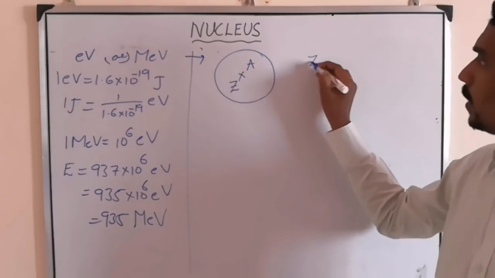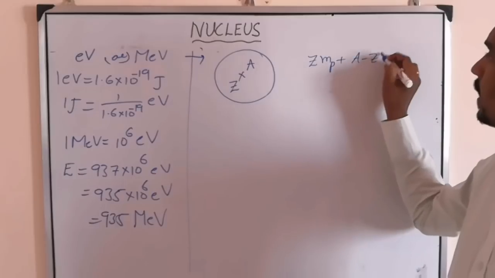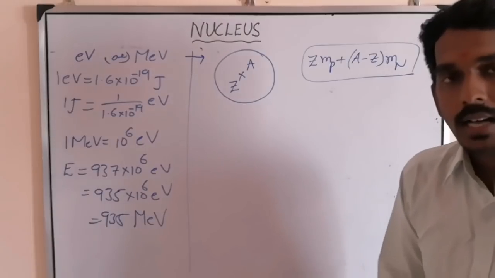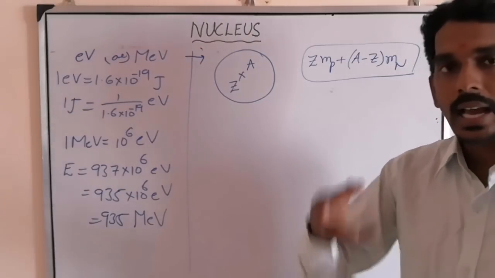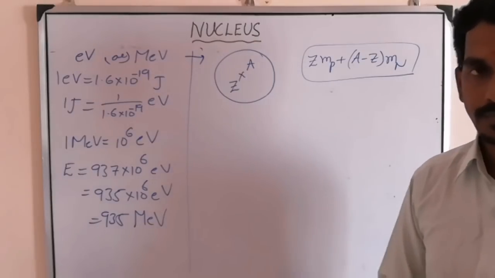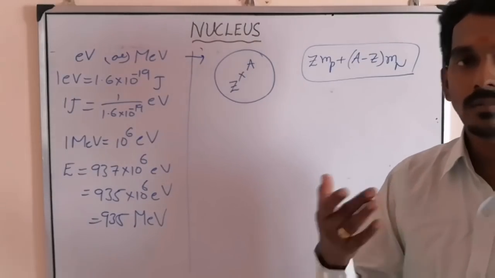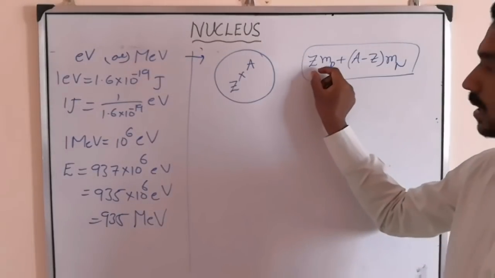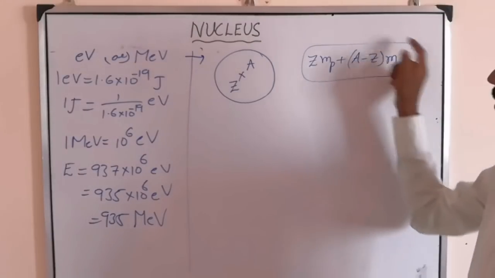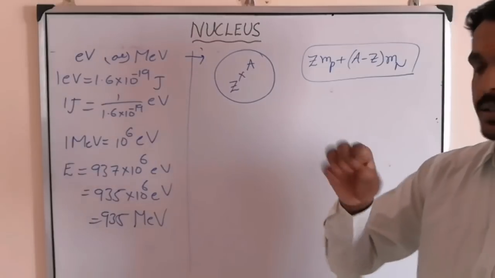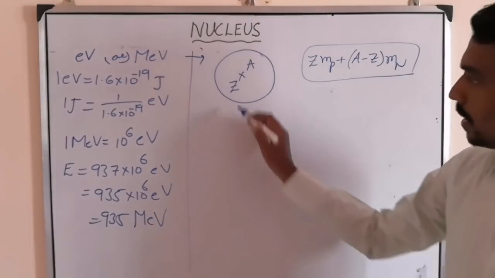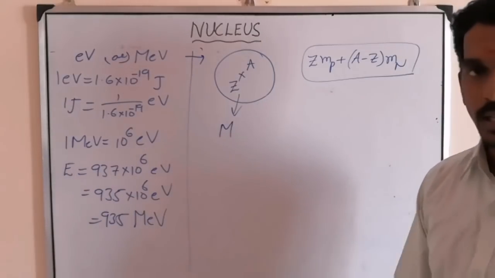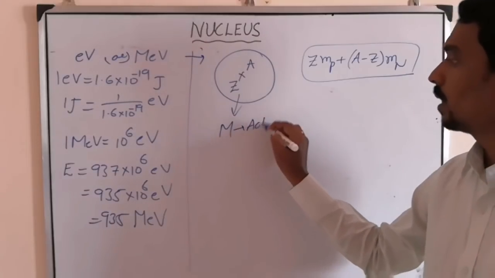Now Z times Mp plus A minus Z times Mn is the total mass of the nucleons, or the calculated mass of the nucleus, or you can say the total mass of the constituents of the nucleus: these many protons, these many neutrons. But when you take the atom as a whole, that mass is M, the actual mass.